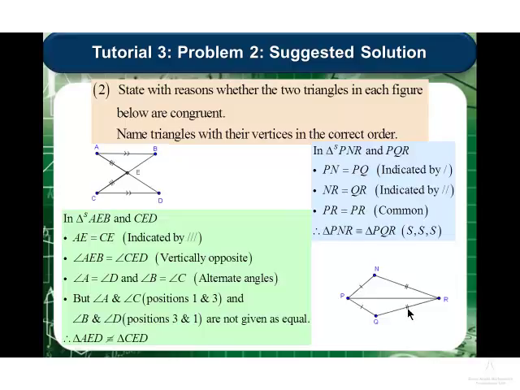So we have two equal sides, and furthermore, PR is a common side for these two triangles, so we have three sides correspondingly equal, and we can state emphatically that the two triangles are indeed congruent. And the reason is, three sides are correspondingly equal.